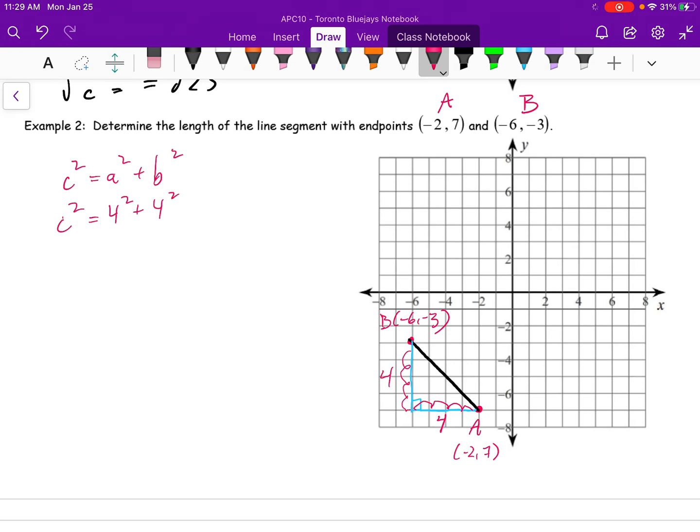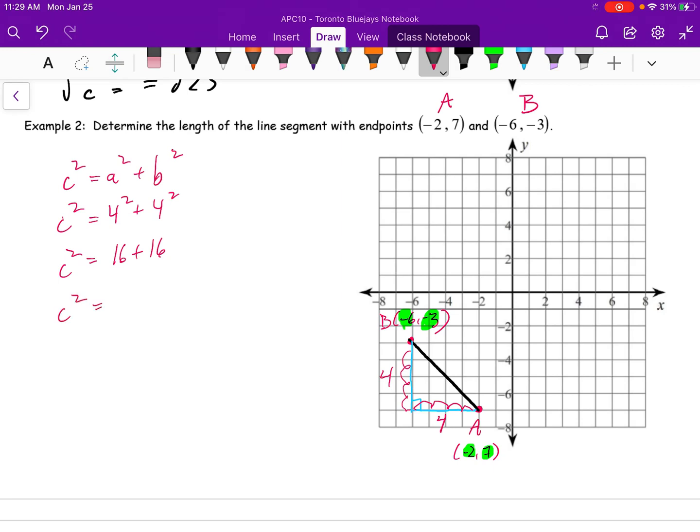And just to double check, going from the x-coordinate of A, -2, to -6, I moved 4 units in the negative direction. Going from 7 to -3, I moved down 4 units. So that's how I get the base and height if I want. Later on that will come in handy.